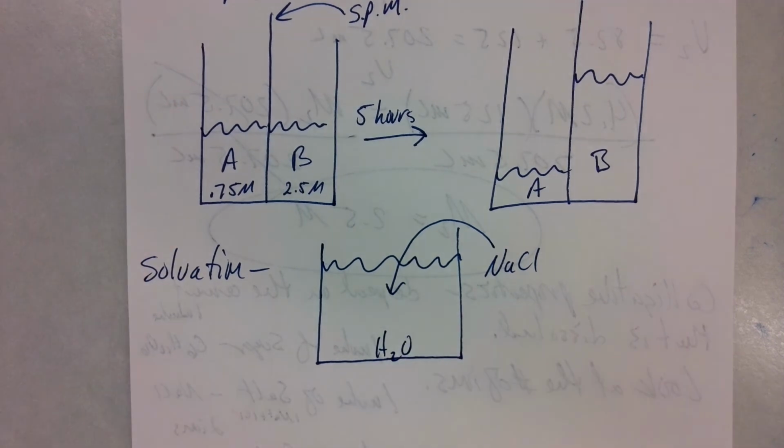That NaCl is going to do two things inside that water. First thing it's going to do starts with a D. It dissolves, right? But then it's also going to do what? Dissociate. How does that happen?